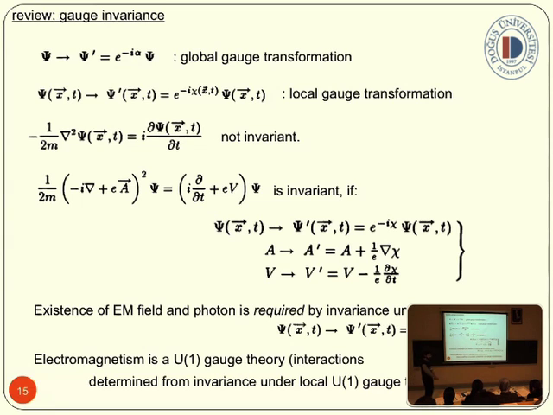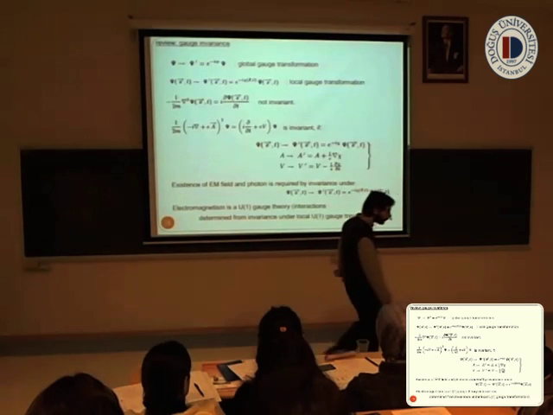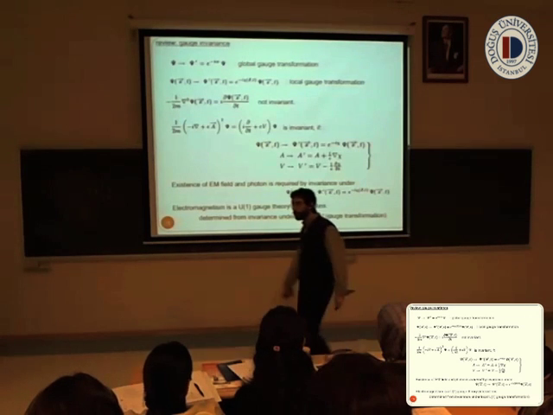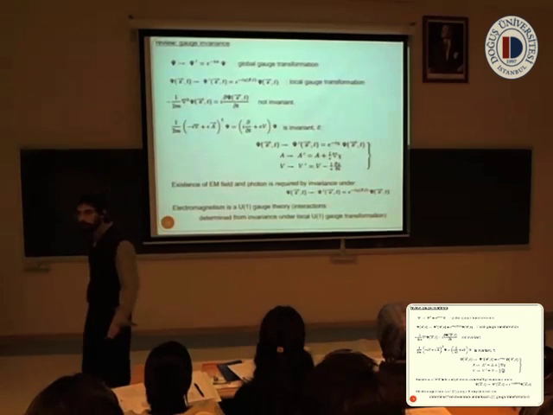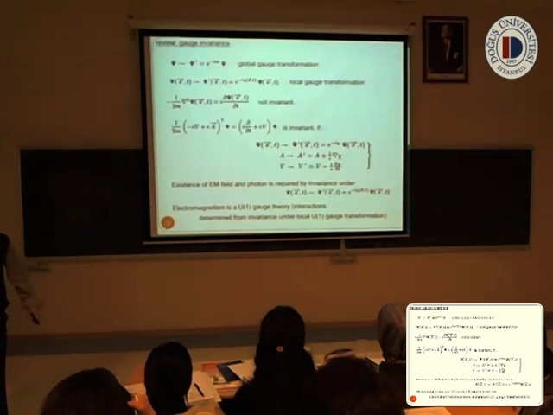Then you need to add a field to keep the theory invariant, which is the photon field. So you can say that the photon field is required by the gauge symmetry. Or you can say, well, I want the photon field, so I impose gauge symmetry.